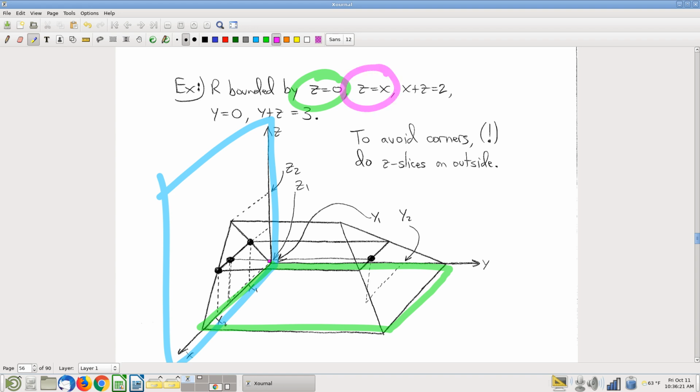Z equals x in the xz plane looks like that, which therefore translates into something that looks like that. And x plus z equals 2 in the xz plane looks something like that, and therefore it translates into something that looks... I messed that up.